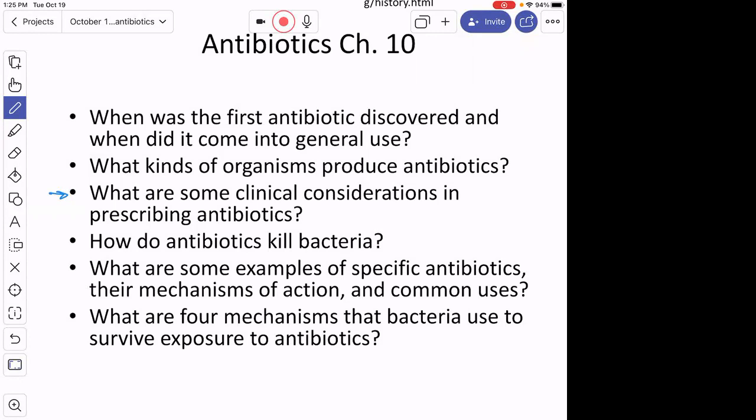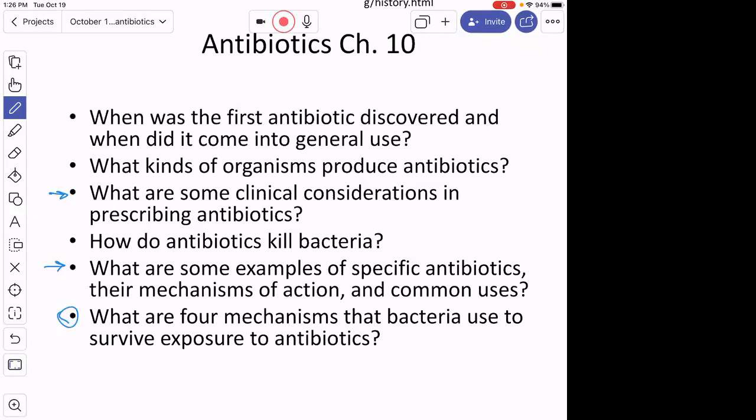And probably the most important, we are going to go through about 17, I think, specific antibiotics. So the most important thing that you want to think about is how those antibiotics work. So we're going to call that their mechanism of action. And then we're going to spend a little time thinking about resistance.